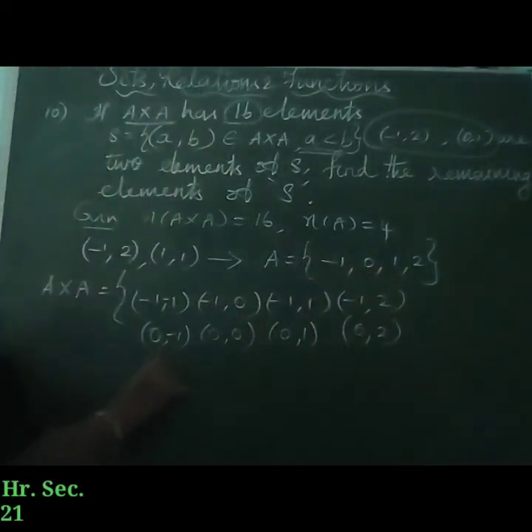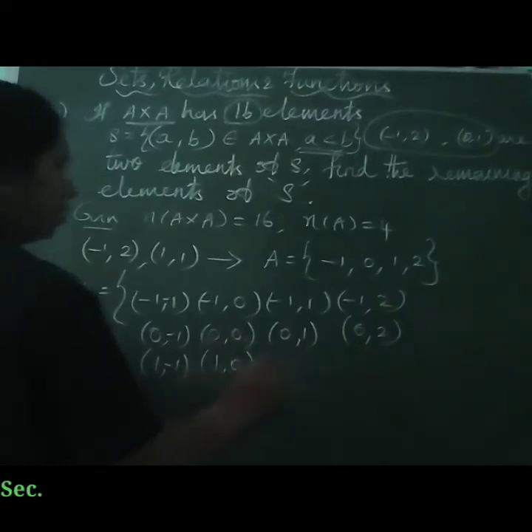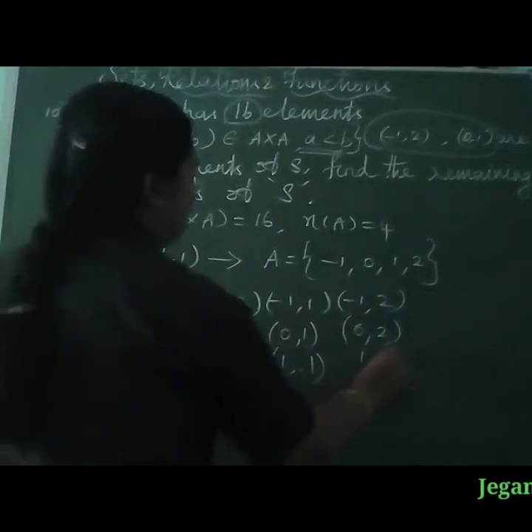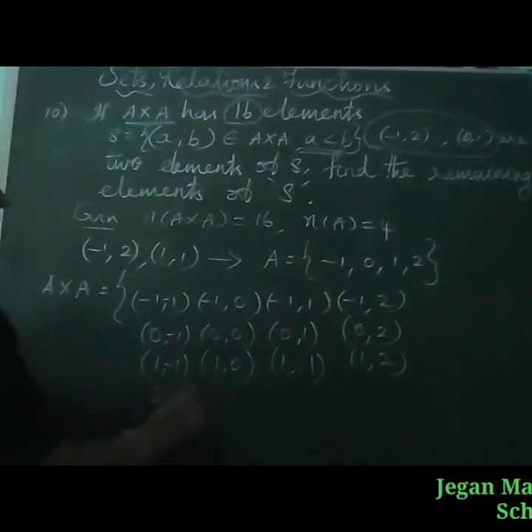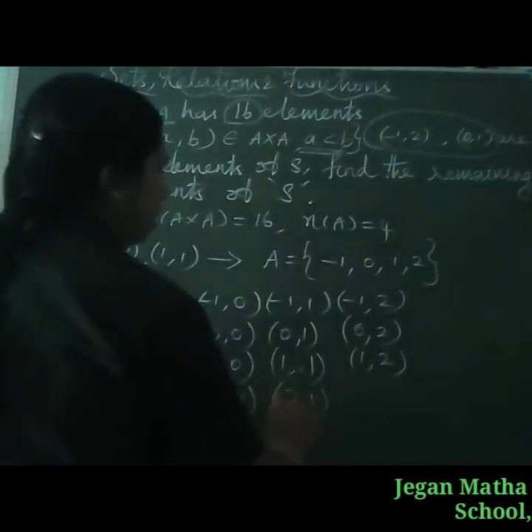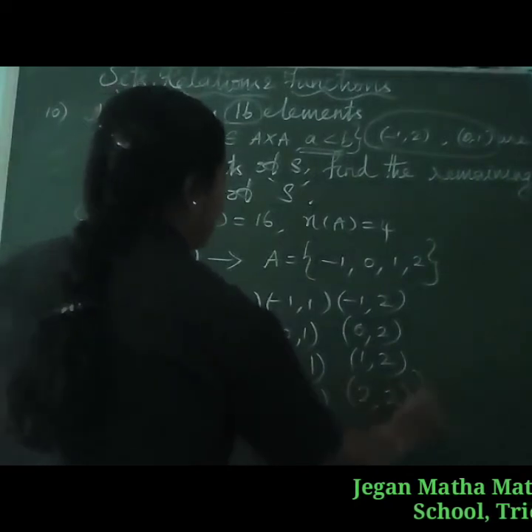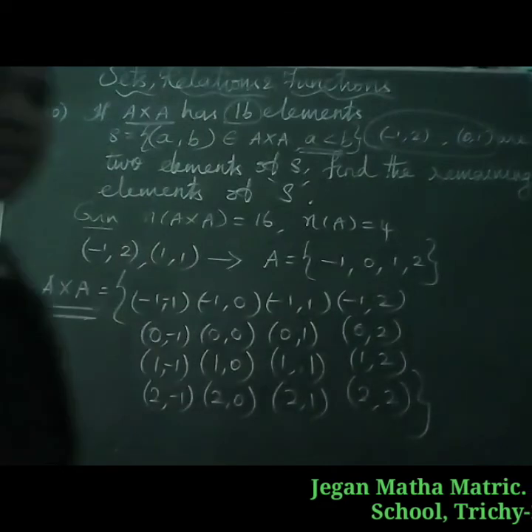Third one: (1, -1), (1, 0), (1, 1) and (1, 2). Then last one: (2, -1), (2, 0), (2, 1) and (2, 2). These are the elements of A cross A. All the 16 elements are there.